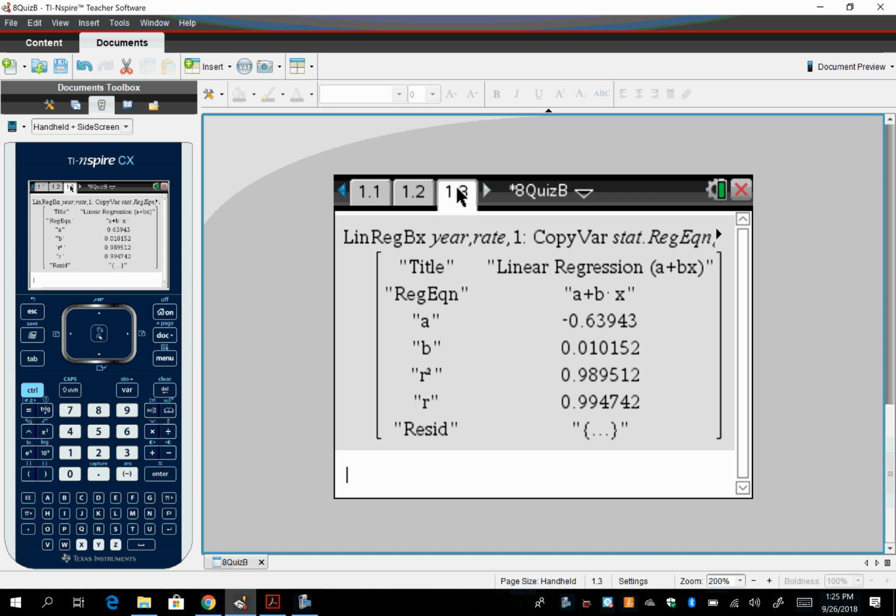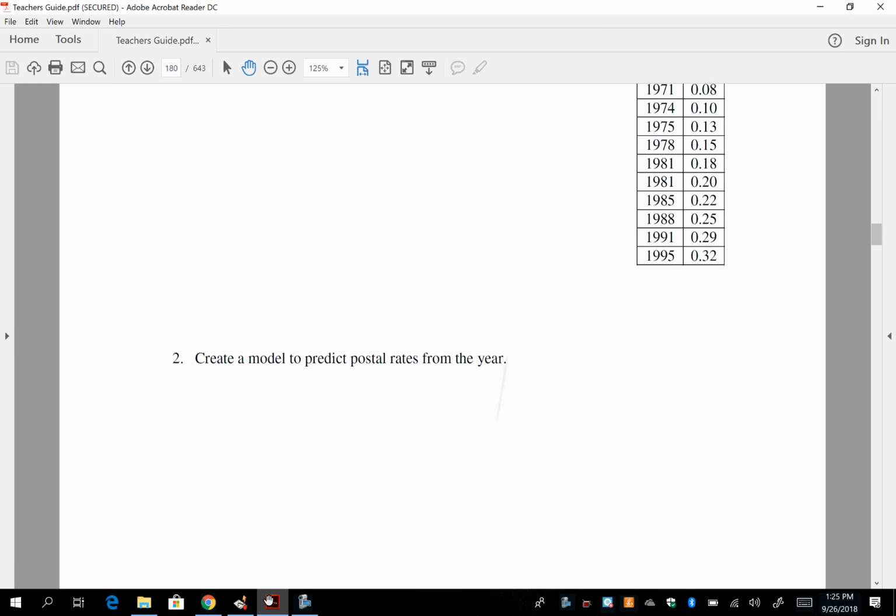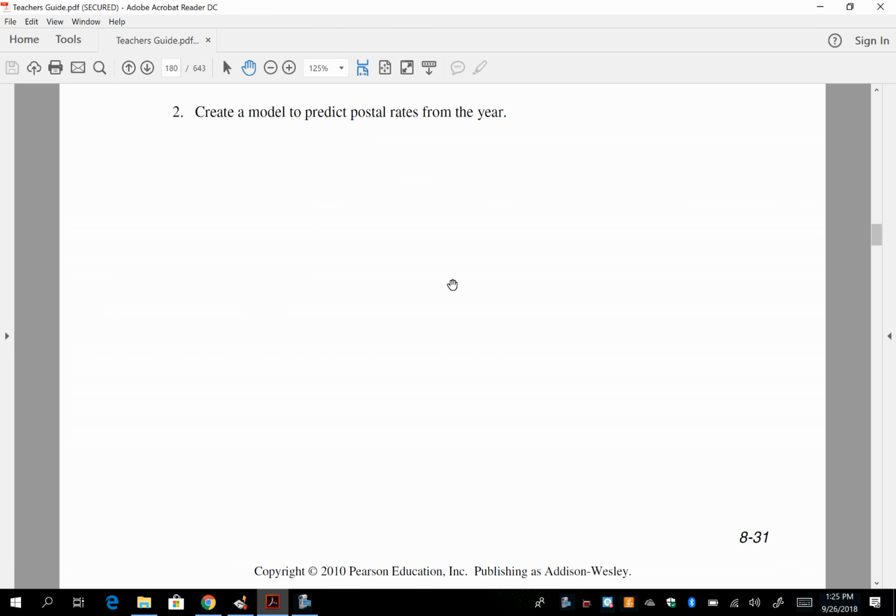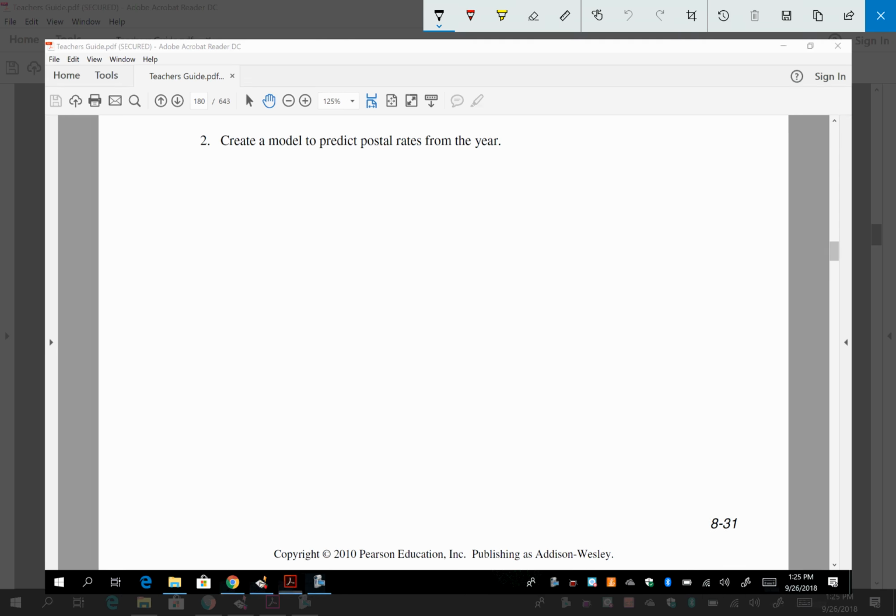So let's write down the model. See number 2? Let's write down in number 2 the model. What is our response variable? The rate. So we have rate hat. Somebody in my previous class asked, does the size of the hat matter? And I said no. So if you'd like to do it that big, I don't care. It doesn't matter to me. Okay? Equals.